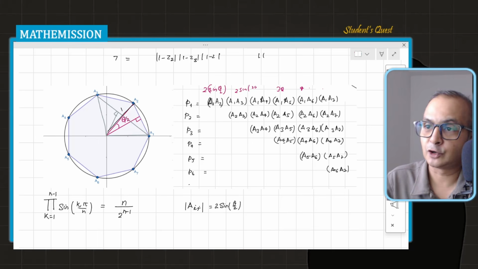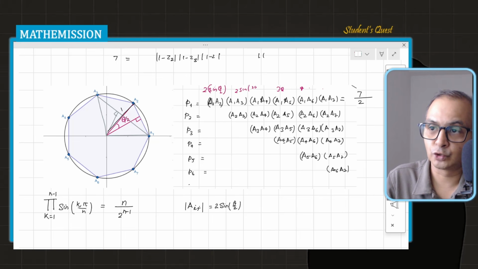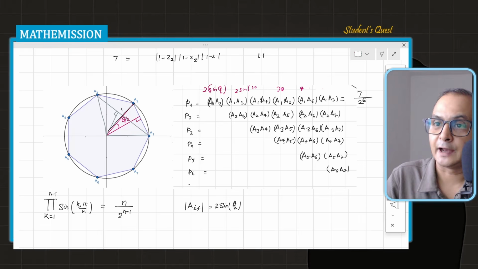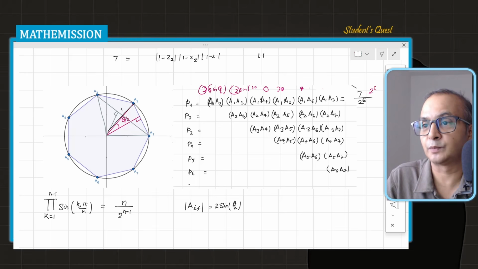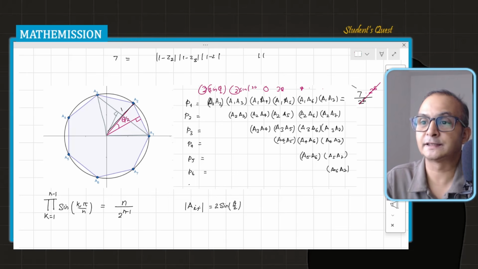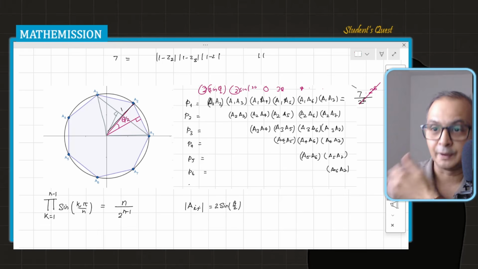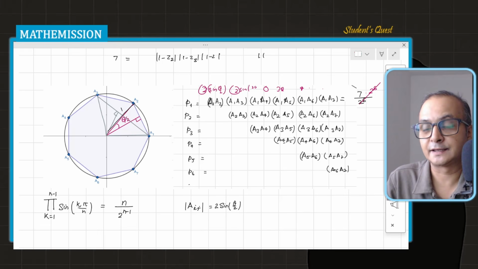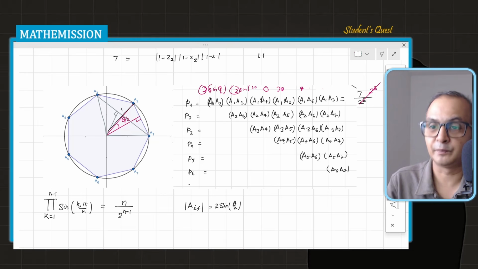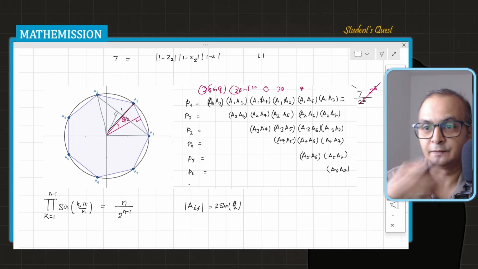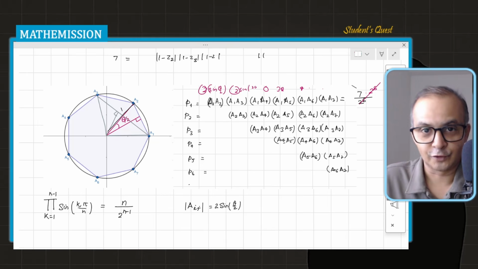So that value should be 7 by 2 to the power 6, because 2 to the power n minus 1. And you have already multiplied by 2, 6 times, so there is also 2 to the power 6 here. So 2 to the power 6 cancels. So again you are getting 7. And by the same logic, this is again 7, and p square is 7 to the power 7. So that's all for today's video.